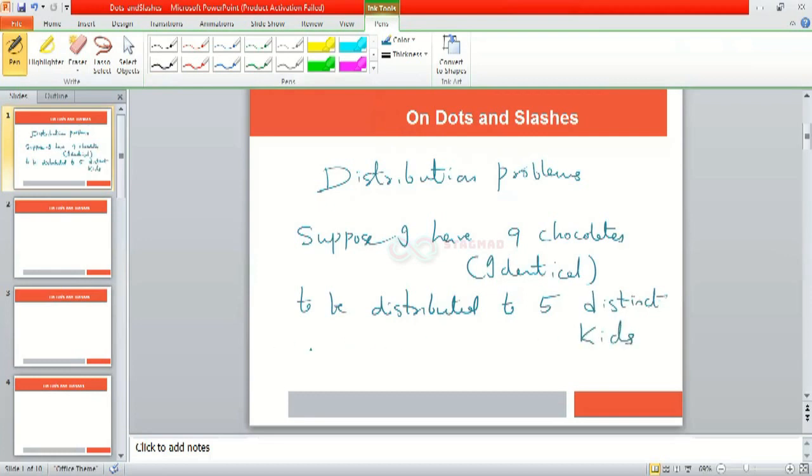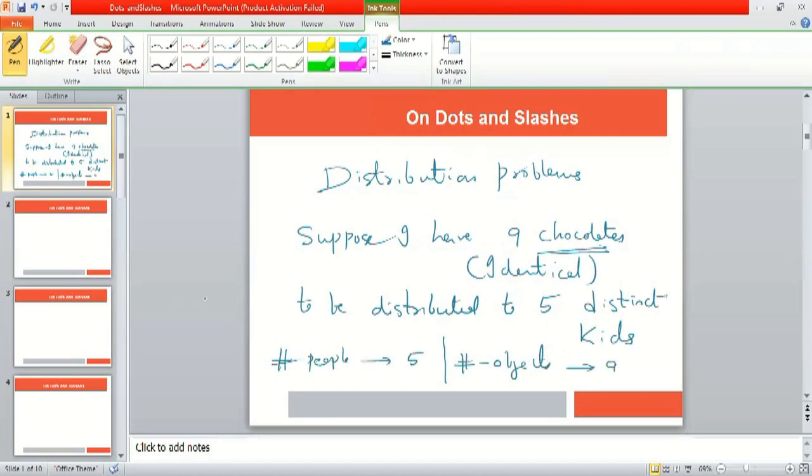So note the numbers here. The number of people, the kids, is 5, and the number of objects, the identical chocolates, is 9.